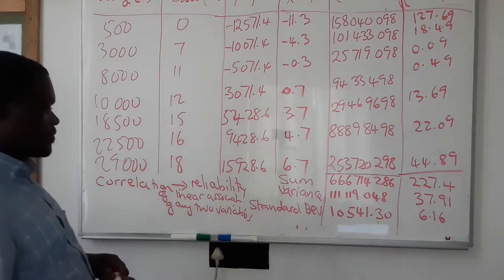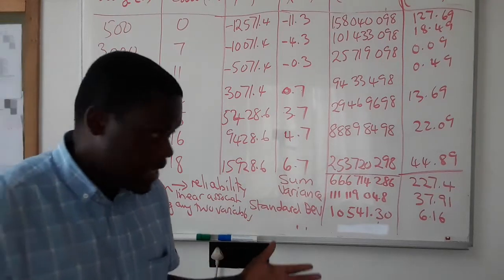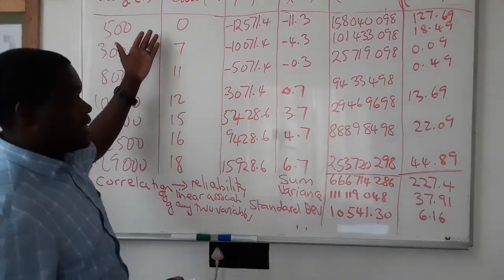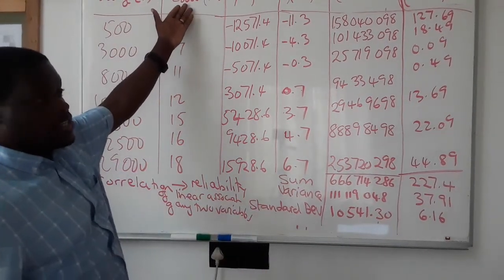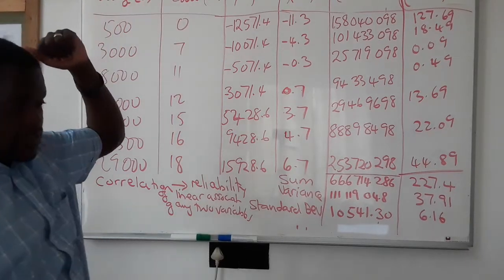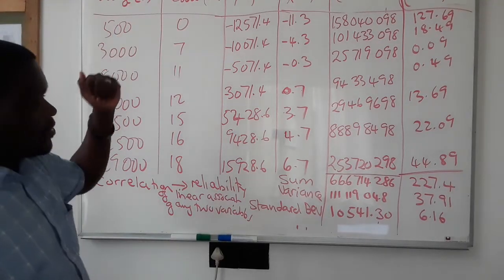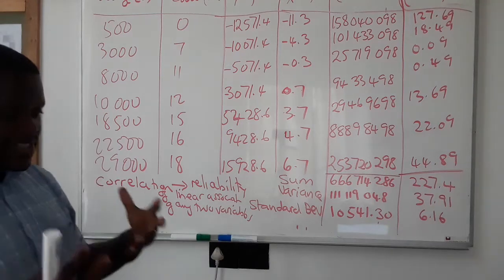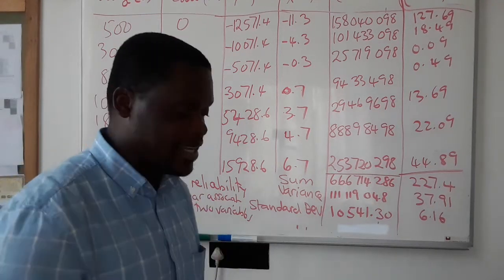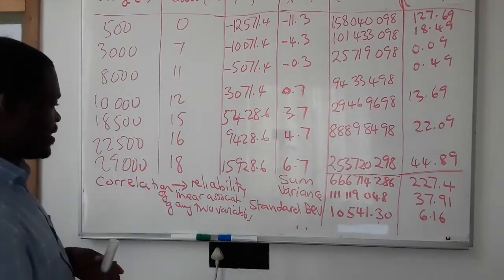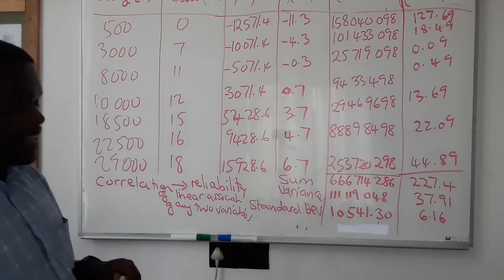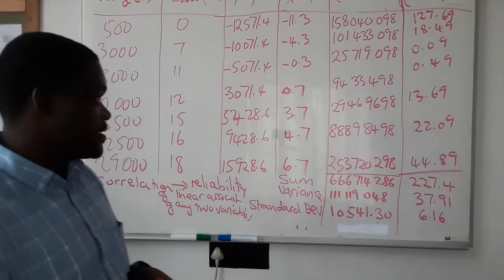In other words, we are looking at the linear association between education and wages, but we want to develop a measure that tells us how reliable that linear association is. Then correlation is the natural candidate.